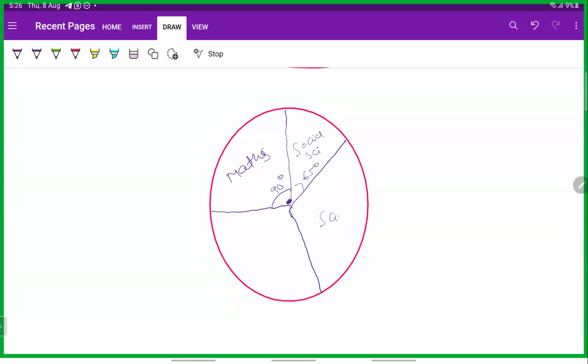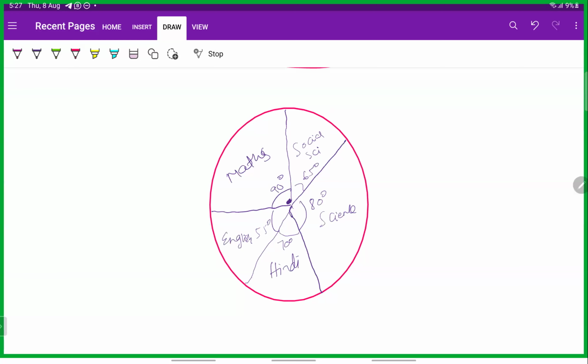This is science, 80 degrees. Seventy degrees Hindi. And left is 55 degrees, that is English.